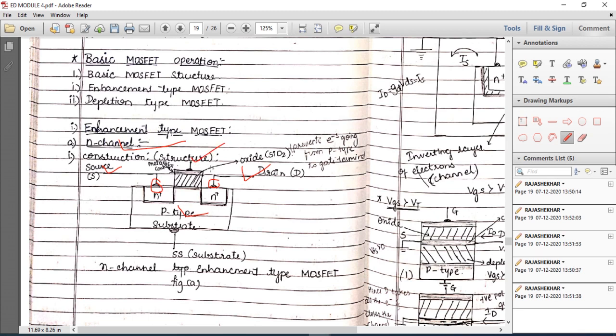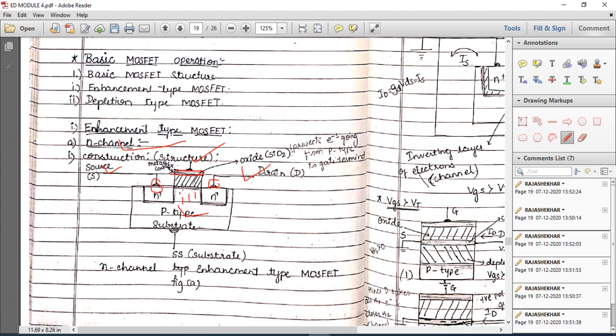So for this gate terminal, we are going to use a metal, a medium which connects to the p-type substrate. This is a complete p-type substrate, which is connected to the gate terminal through an oxide layer.